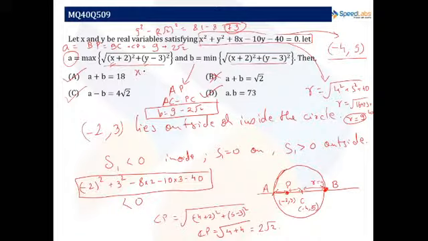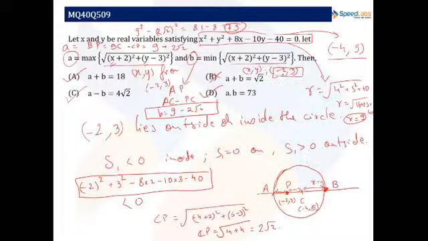So we can see that it is a distance formula, and in this we are taking out the distance of this coordinate x comma y from the coordinate minus 2 comma 3. And similarly, b is also in the form of distance formula. So b is the minimum distance of the point x comma y from the coordinate minus 2 comma 3. So first of all, we have checked whether this point minus 2 comma 3 lies inside the circle or outside the circle.